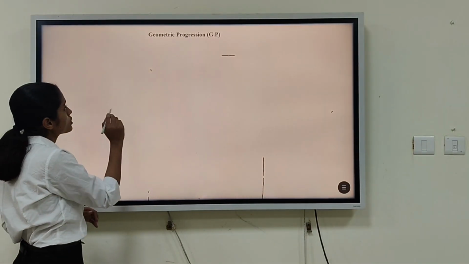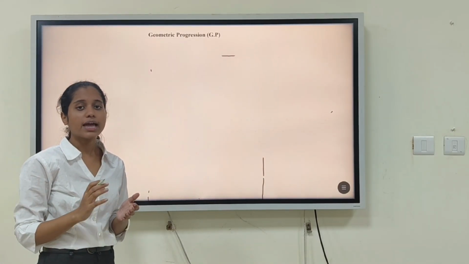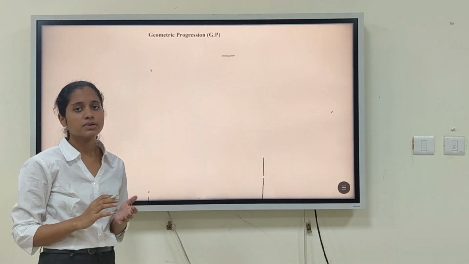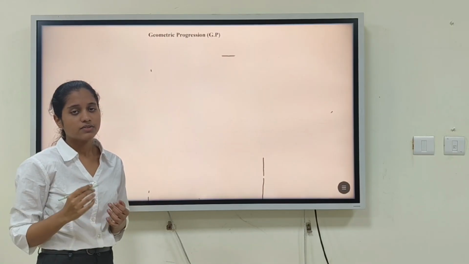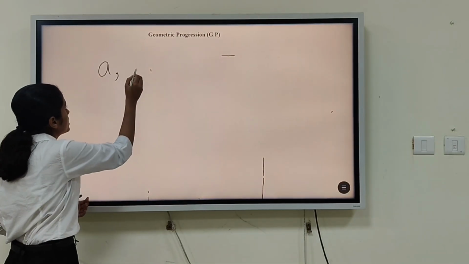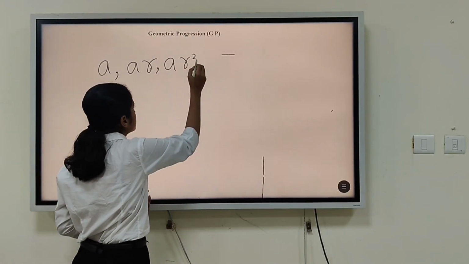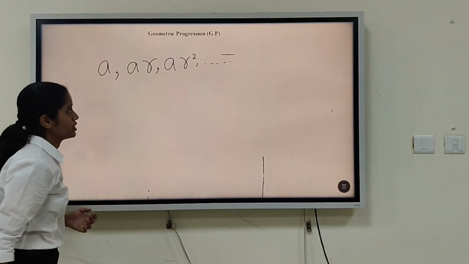Geometric progression is also a sequence in which the ratio of any term with its previous term is constant, which is known as the common ratio. And usually we write a sequence like this in geometric progression.